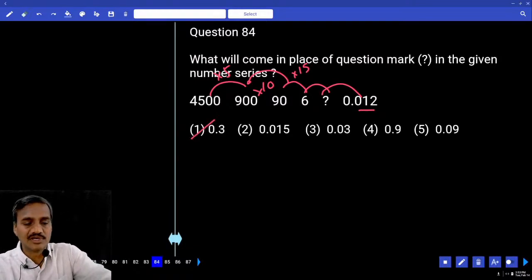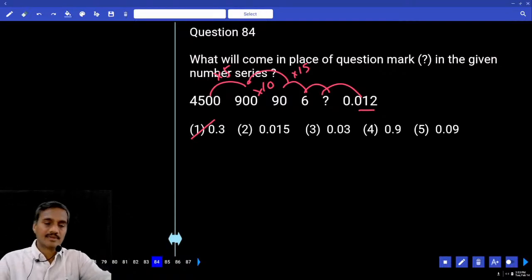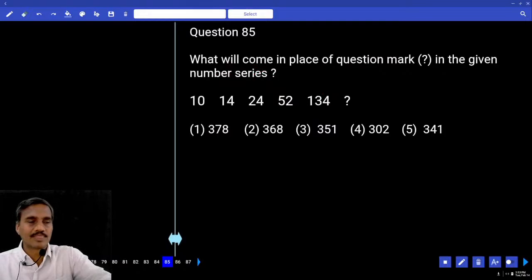The given numbers are multiplied with 5, 10, 15, 20, 25 in the decreasing order. Clear? 84, choice 1.